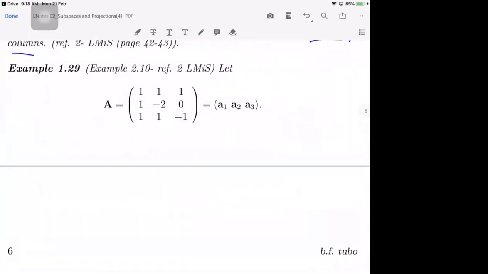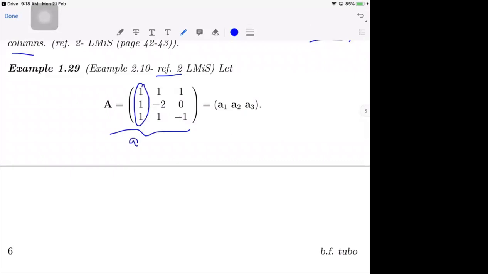Okay, so let's have an example. This is actually from reference 2. So let A be this matrix, a 3 by 3 matrix. This entry here will be your A1, this entry here will be your A2, and this entry here will be your A3.